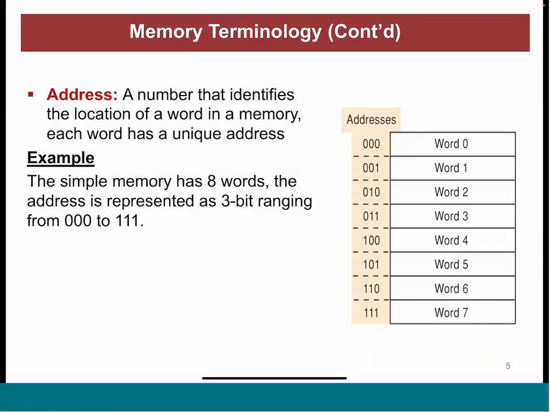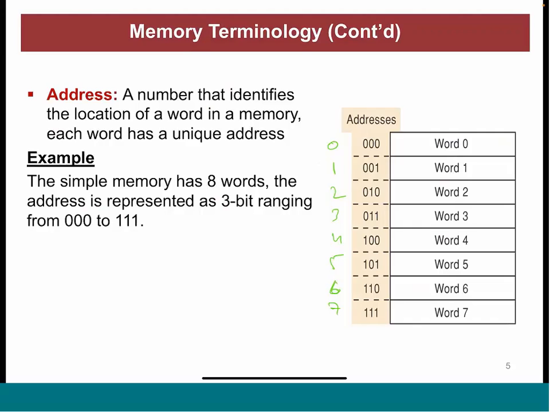Now we are still with the terminology, the address. Like the tables, for each table we have rows. So we start from row 0 and then we go down until the last row. So if I have a memory with 8 words, we have word 0 until word 7. So this is memory location 0, 1, 2, 3, 4, 5, 6, 7.